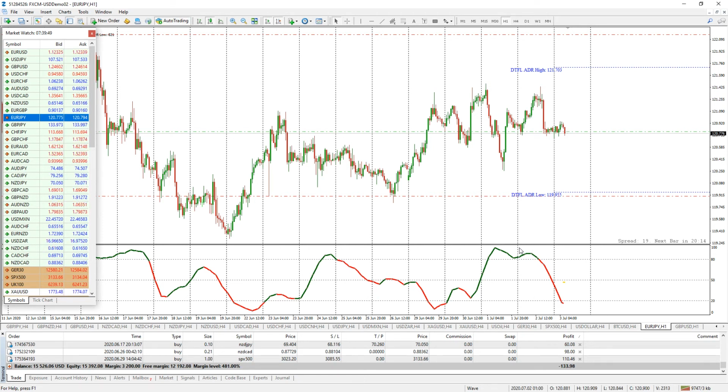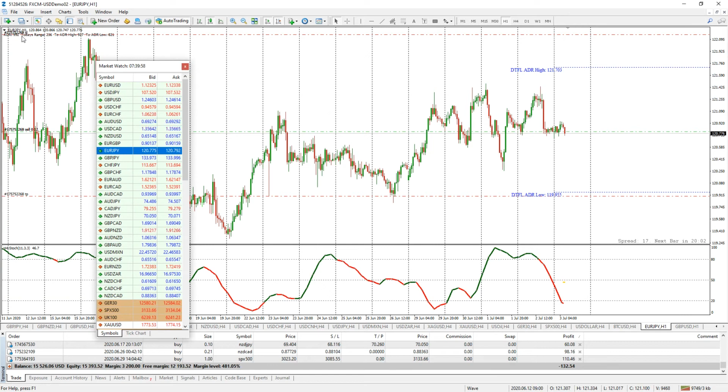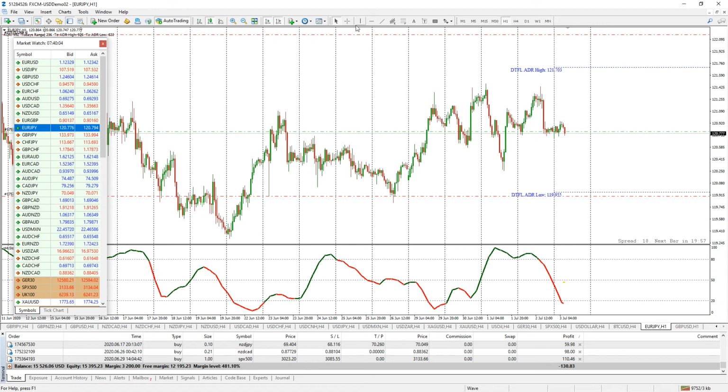What you want to see is that between the top and bottom, it moves at least 2 to 3 ADR. The ADR is about 100, so you want to see price move about 200 to 300 pips between the top and the bottom. When you see the bottom, you measure to the top. The bottom is here and you measure to the top. That's less than one ADR.